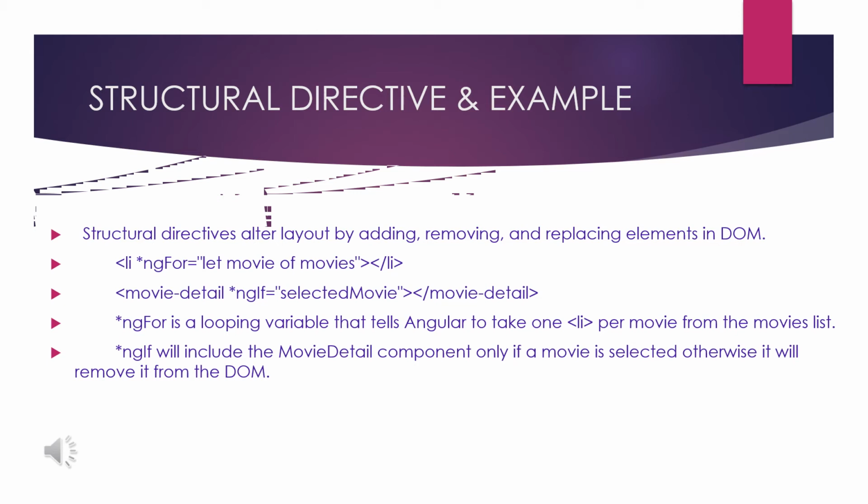Next we have movie-detail *ngIf equal to selectedMovie. Once people, based on some selection, select a movie, that will be printed out here. That is the if condition being done here. Instead of a star with ngFor you can also use square brackets.